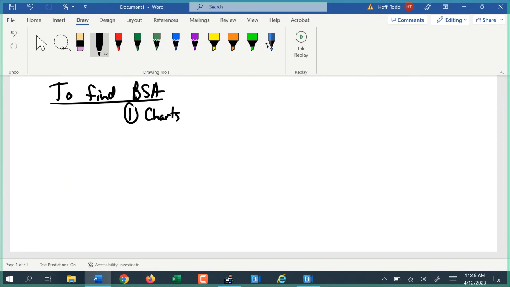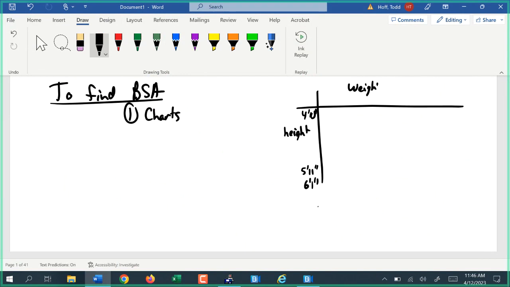These are charts that are multivariable, or what they would call a contingency table chart, where we might have the height on the side over here. So like 4'10", 4'11", all the way up to 5'11", 6'1", and continuing on. And weight along the top.